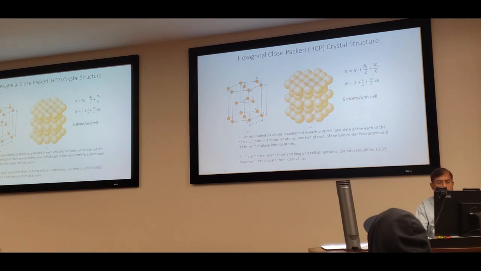So we are going to see the directions and planes and all those things. One thing you need to remember, look at this HCP arrangement. Please listen here, it's important. You can see that it is made up of 3 parallel planes.